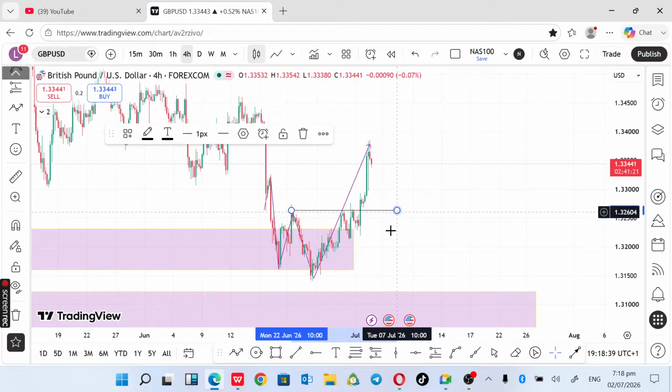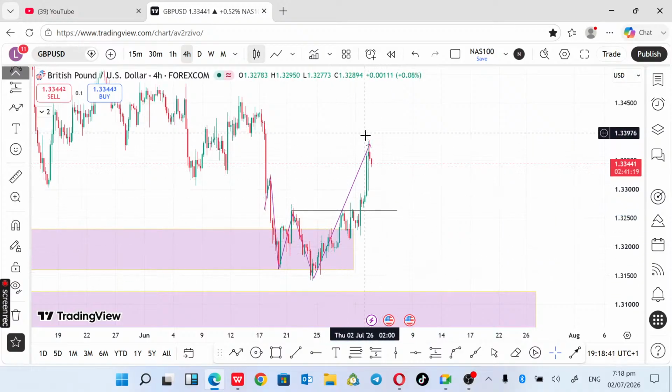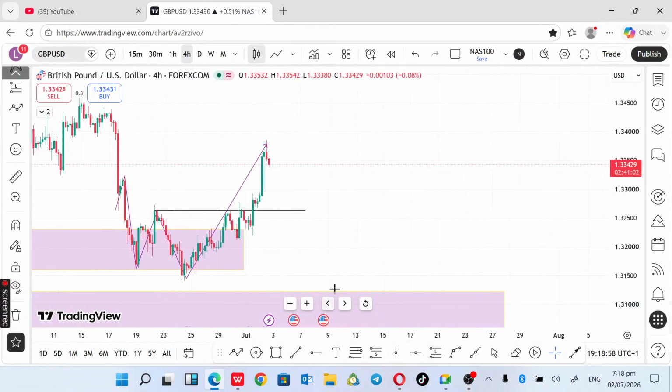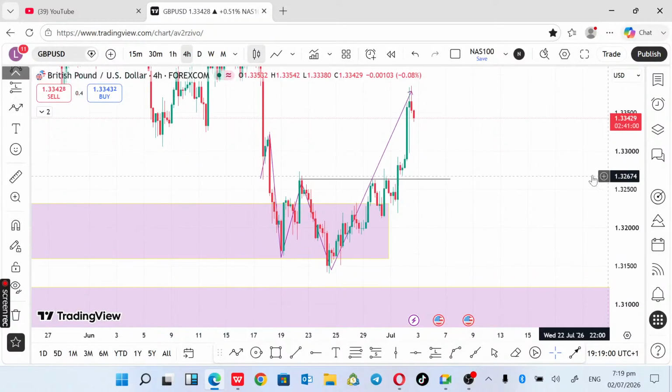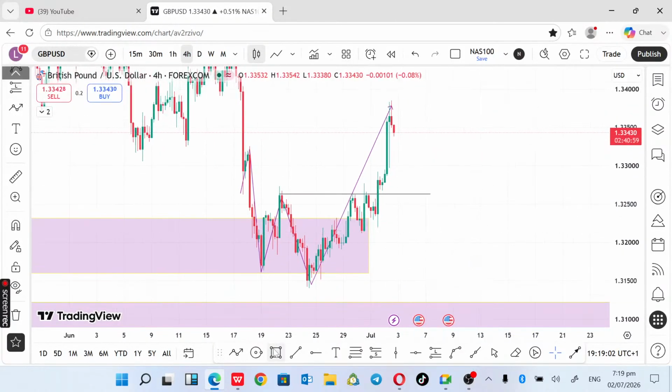So now my focus would be that since I'm buying into this market, I'll look for my buys around this area. Either I take my buy from this neckline, or I look for the support around this neckline. And we have the support over here. We have this support here.